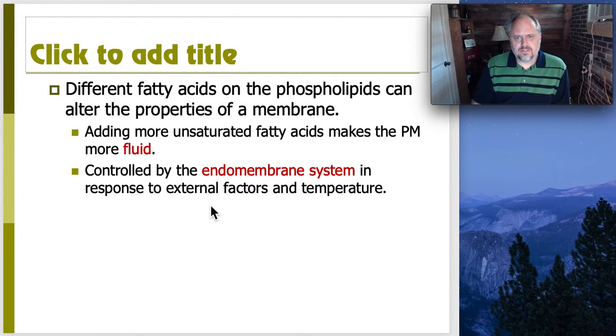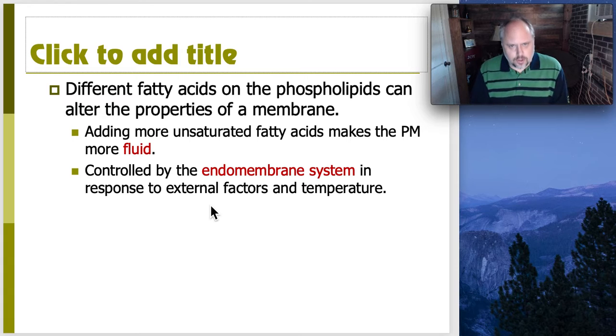Different fatty acids on the phospholipids can obviously alter the properties of that membrane. So the fatty acids can vary by the length, the number of carbons they have in them. You can introduce double bonds, which actually controls the nature of that fatty acid as well. And I already mentioned how the smooth ER, which is part of the endomembrane system, is largely in control of what's going on with membranes.